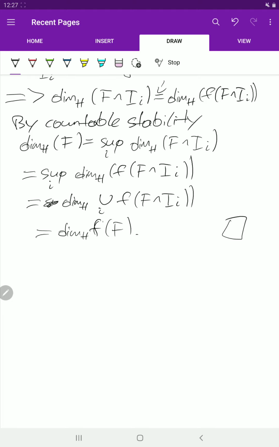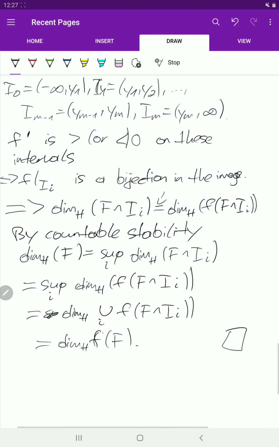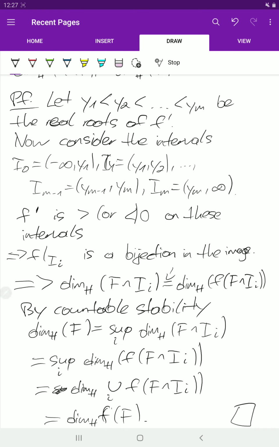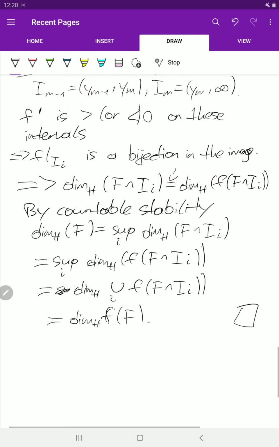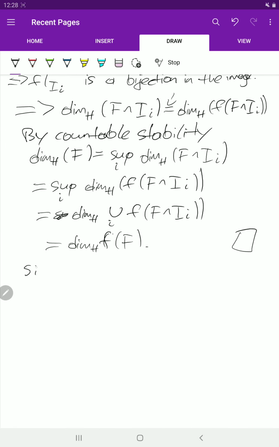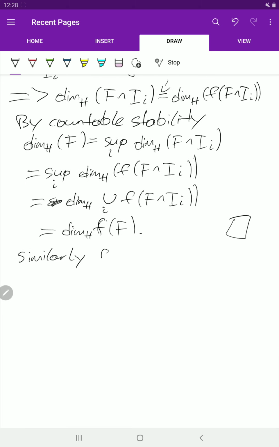So that's already it. So that's the proof. And now let's see, what did we actually use? Well, we used here that we have countably many intervals on which the derivative is negative or positive. So basically all we need is that the function f is continuously differentiable, so that's one thing we need.